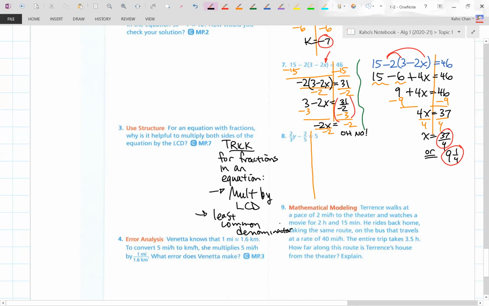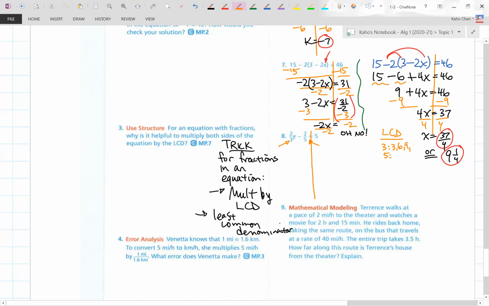Even teachers are not fans of fractions. Take a look at the denominators. We have 5 and 3. And between 5 and 3, the least common denominator, and some of you probably know this already, is 15.